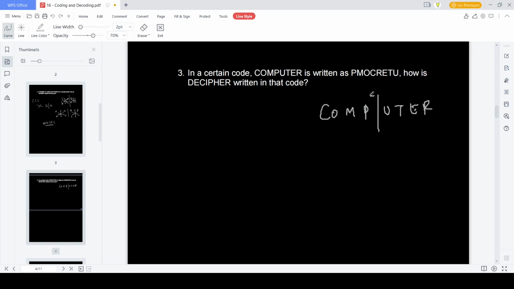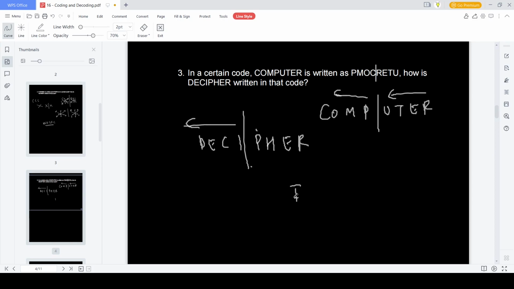So cut the word into half and then see if you can find out for the whole word. If you read it from this side, we'll get PMOC, and RETU is RETU from here. So if you want to write the word DECIPHER, cut the word in half, first read it from this side.